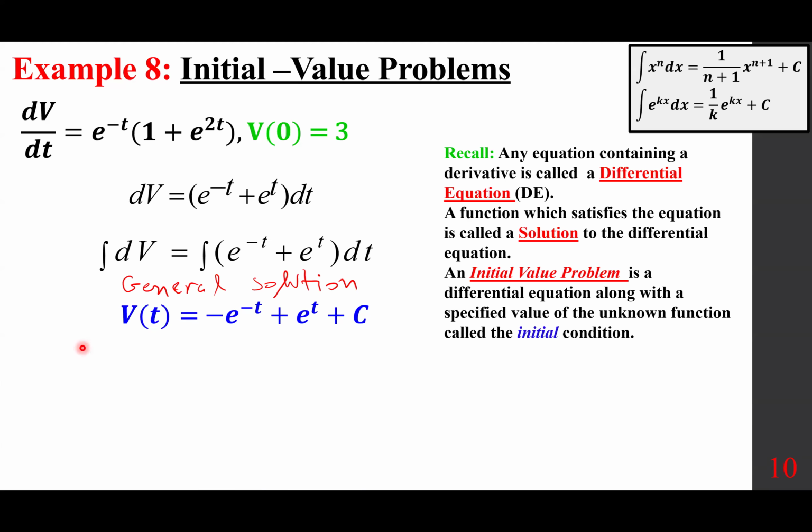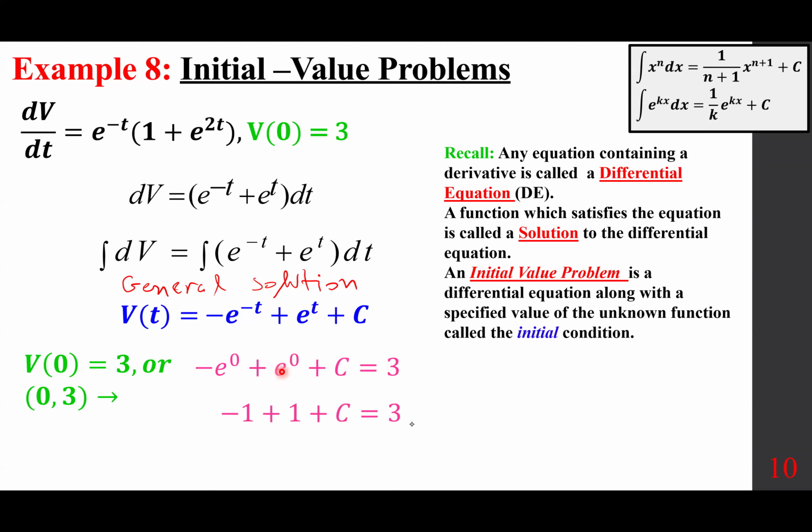Because we have a constant, we have infinitely many solutions. We have a family of functions. This pair 0, 3 will help us find the missing constant. So plug in. Replace the t with 0. E to the power of 0 is 1, so this one is minus 1 and positive 1. They cancel each other, and c becomes 3. Replace it.